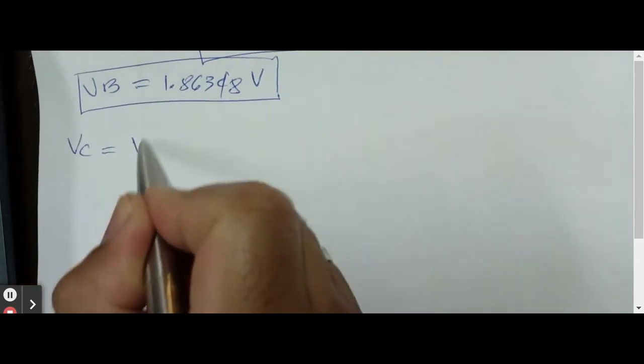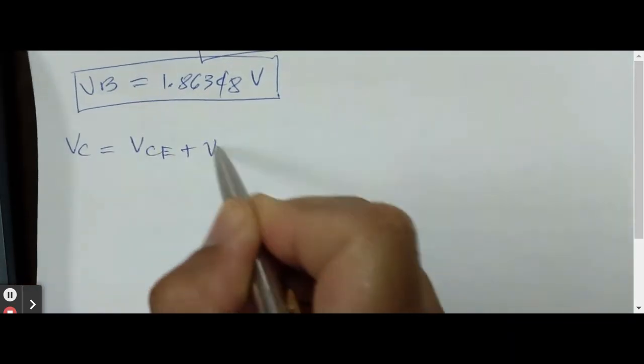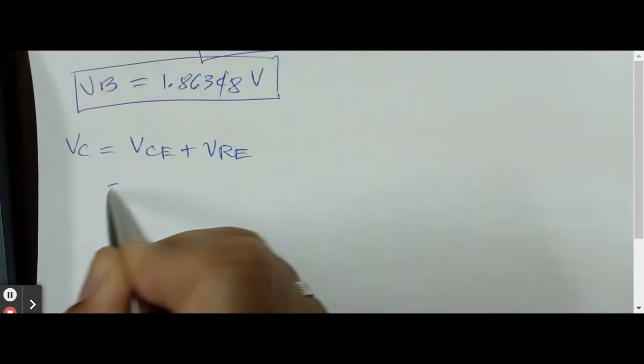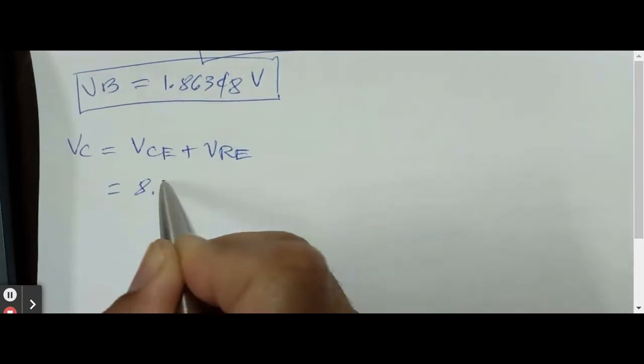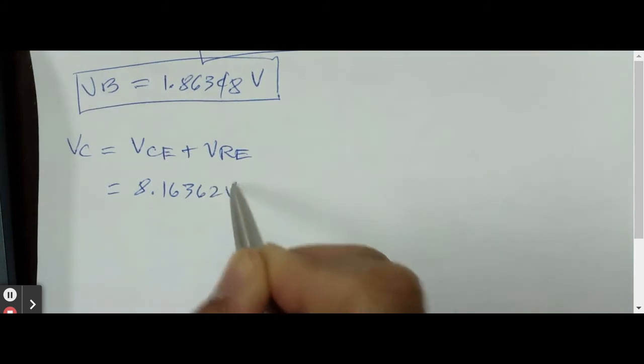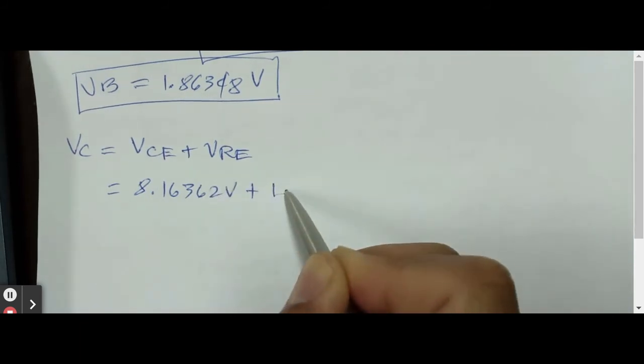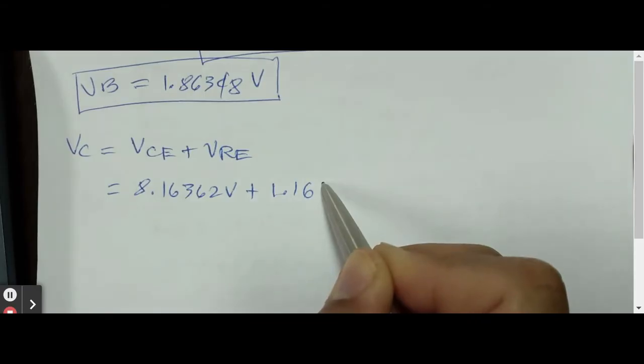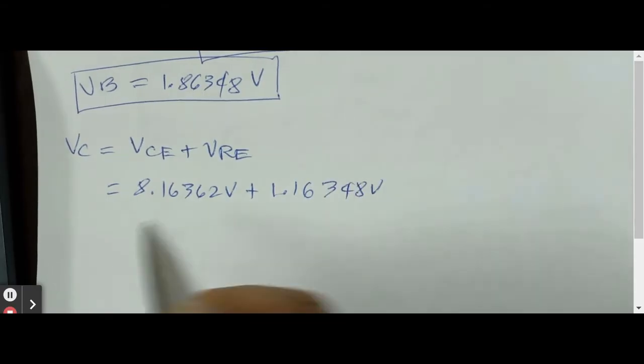This time VC is equal to VCE plus VRE. And VCE will be 8.16362 volts plus the VRE, which is 1.16348.